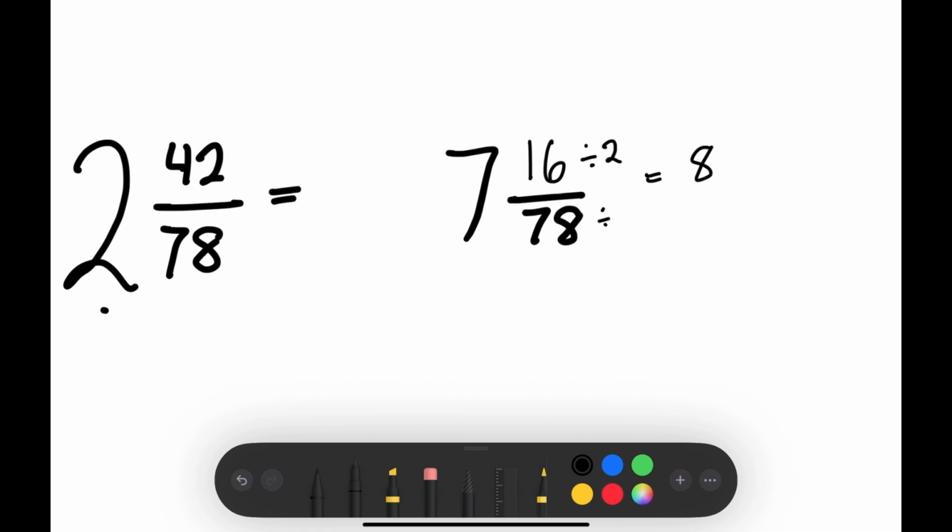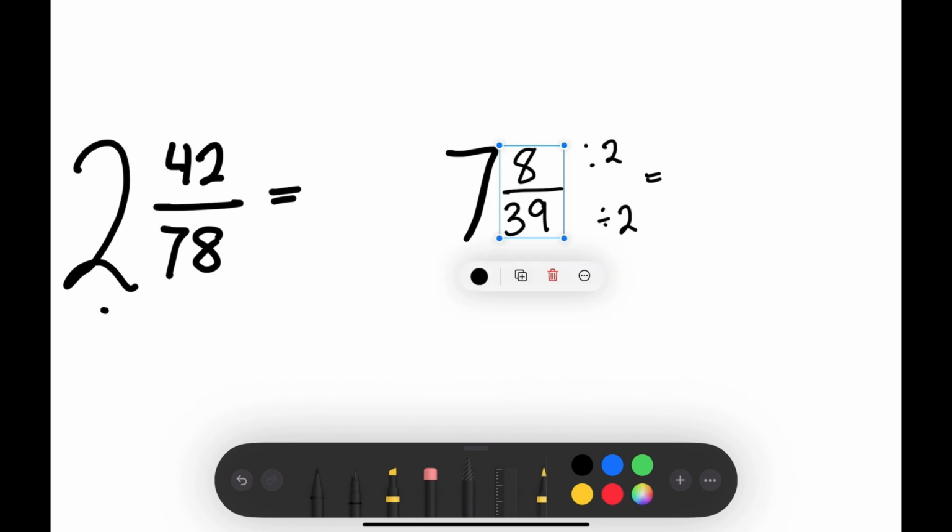And if we divide 78 by 2, we get 39. So now, instead of 16 over 78, we can just replace that with 8 over 39. And that is our simplest answer.